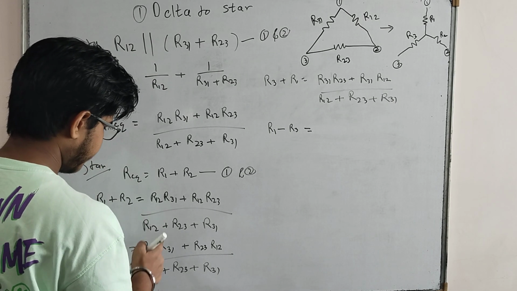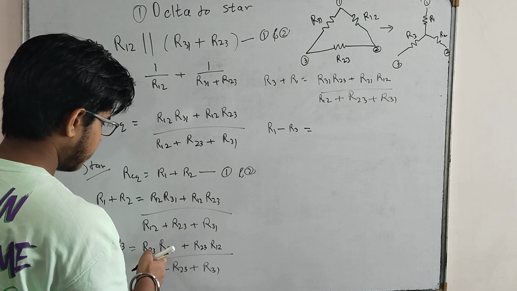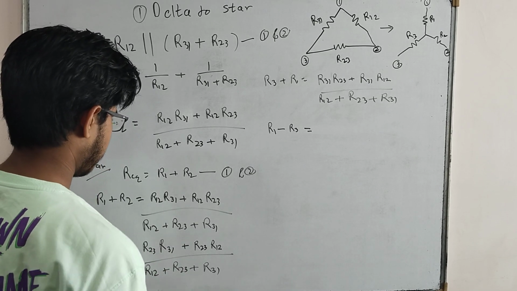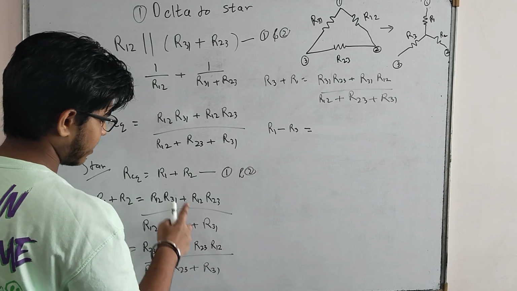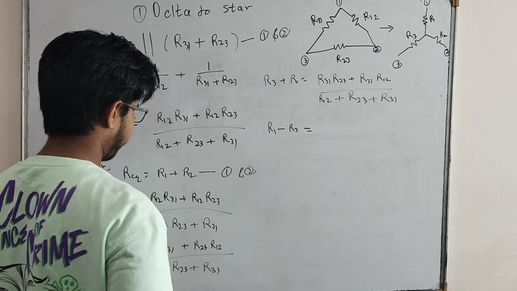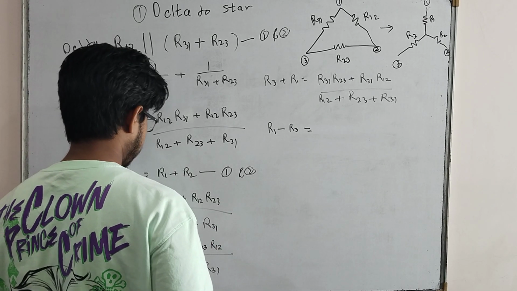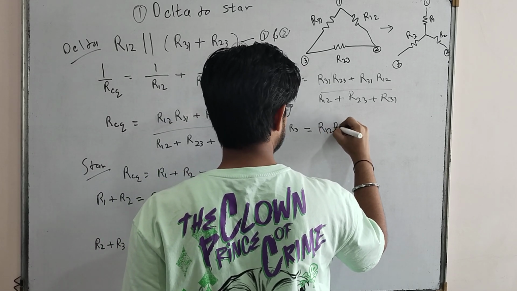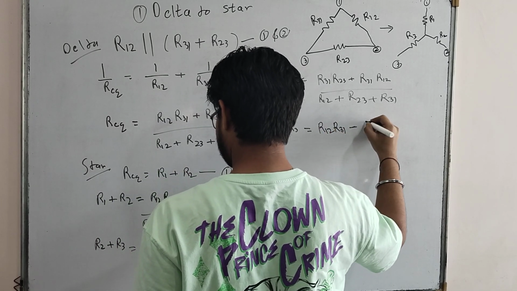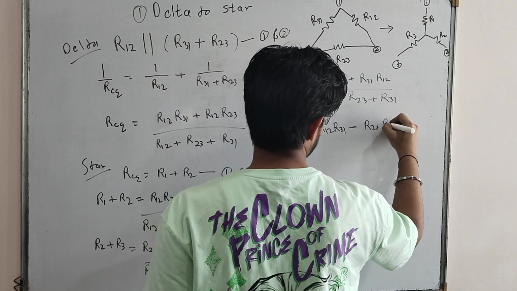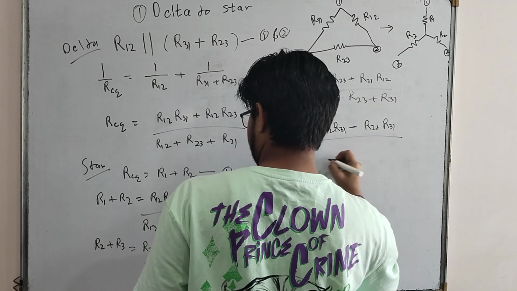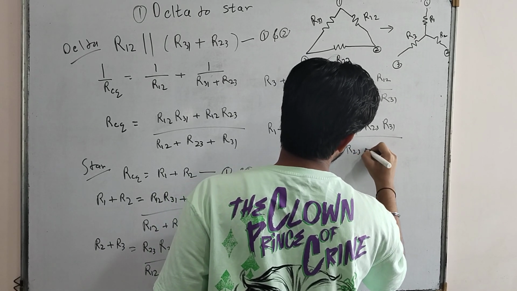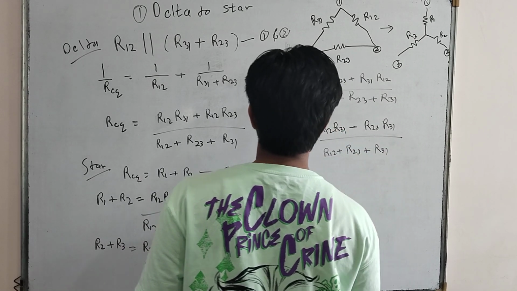This term will get cancelled out when we subtract both, so finally we get our answer as R12 into R31 minus R23 into R31, whole divided by R12 plus R23 plus R31.